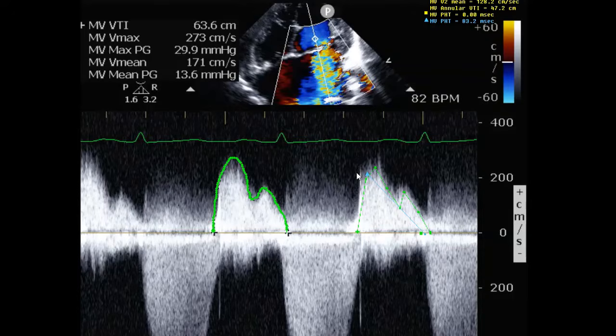If you were to run the equation of mitral valve area, which is 220 divided by the mitral valve pressure half time, you will get an area, let me just pull out my calculator here, of 2.6, which is not consistent with mitral stenosis at all. So I suspect that this patient has not very significant mitral stenosis and that the mean gradient is elevated, which is driven mostly by the mitral regurgitation severity. Next.